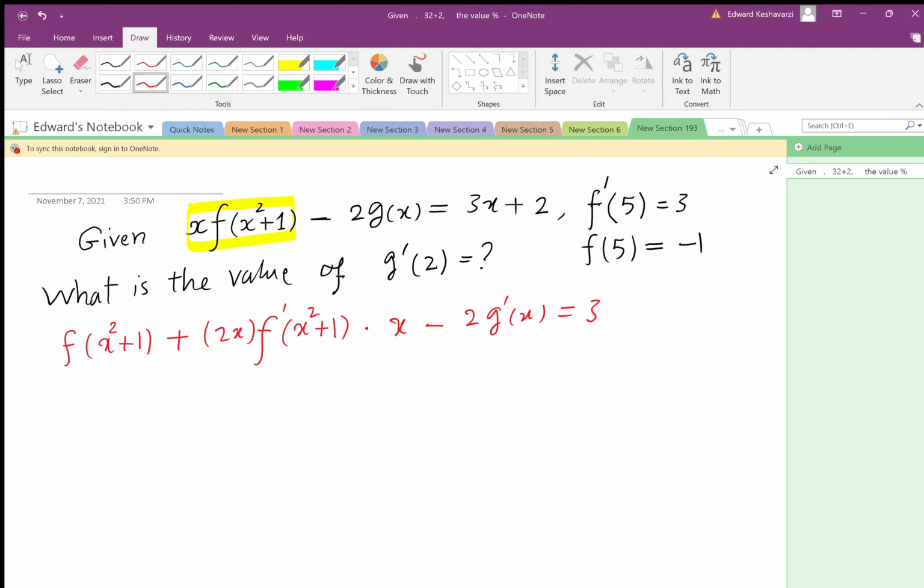Now all I need to do is replacing x with 2.